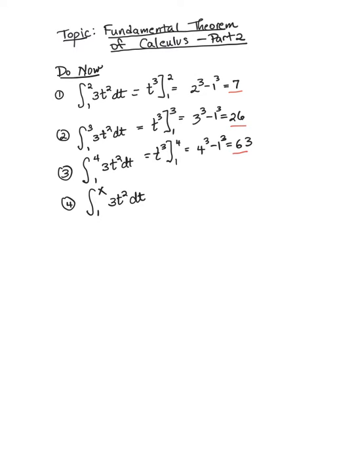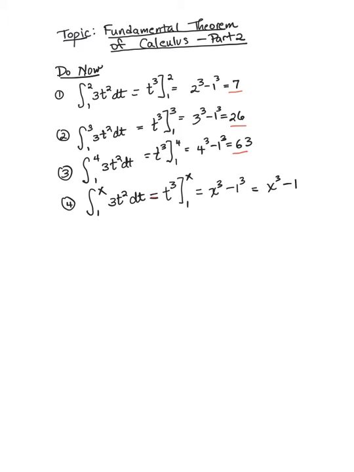And if we go through the same technique that we did before, the antiderivative is still t cubed, but from 1 to x, where x is some number in the domain of y equals 3x squared, the answer would be x cubed minus 1 cubed, or simply x cubed minus 1.